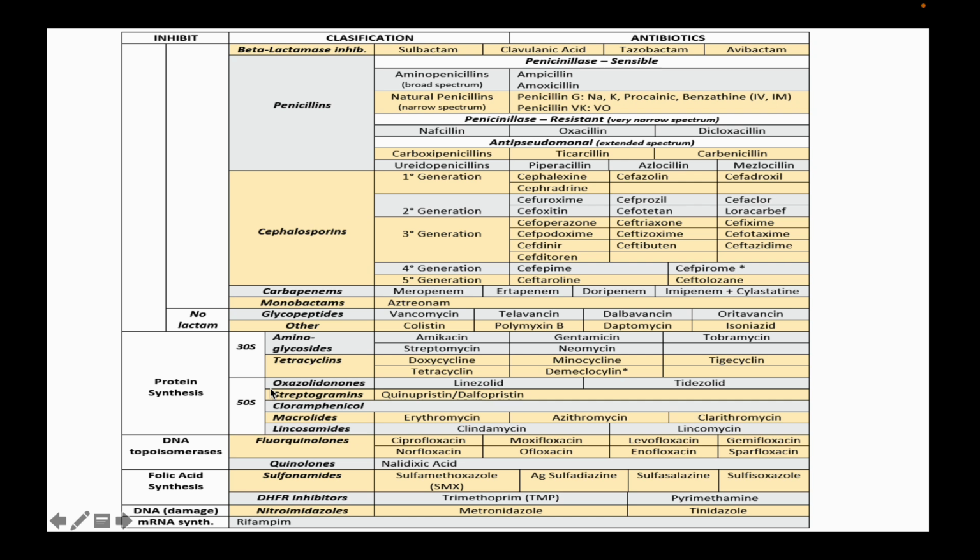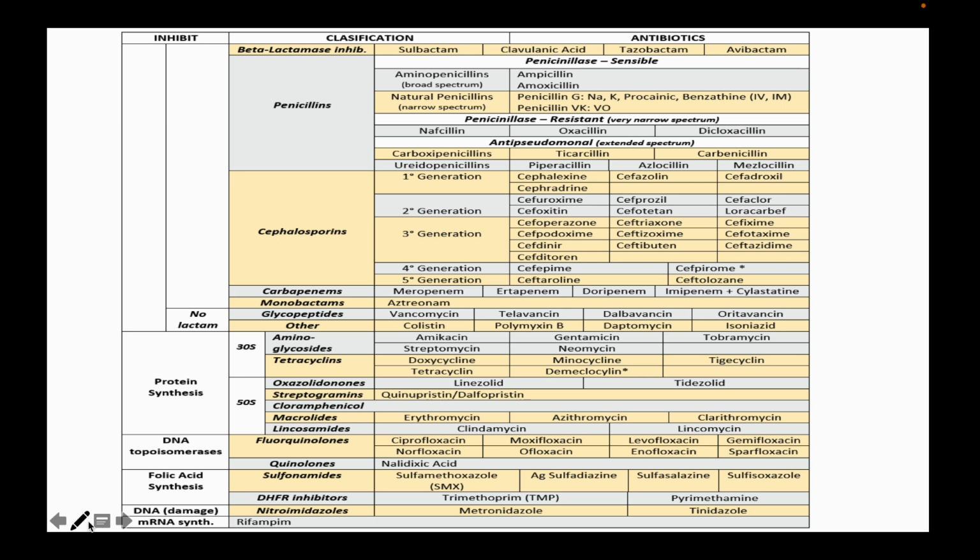So apart from this 30S and 50S, we should also not ignore that there are a few inhibitors that inhibit tRNA binding, like tRNA translocation. We'll see one such example here today. So they inhibit the translocation of the peptide chain during peptide synthesis, right?